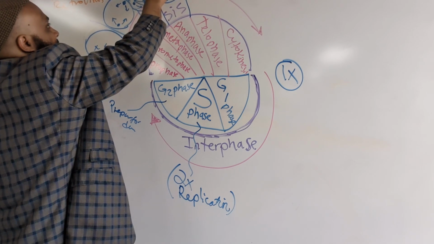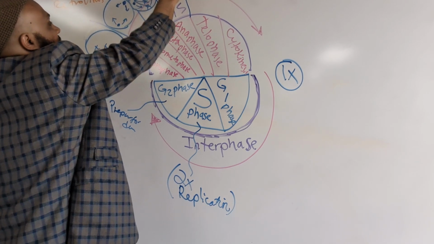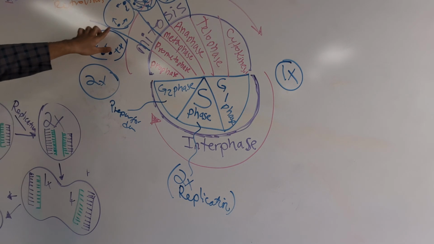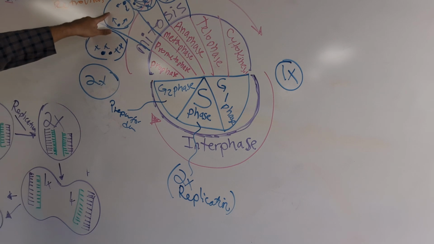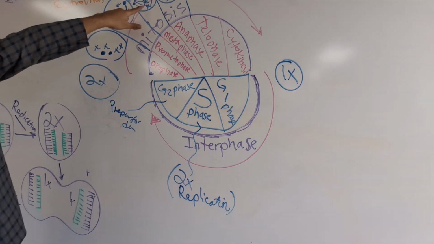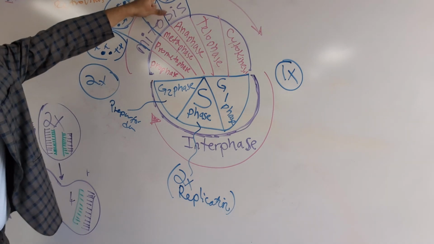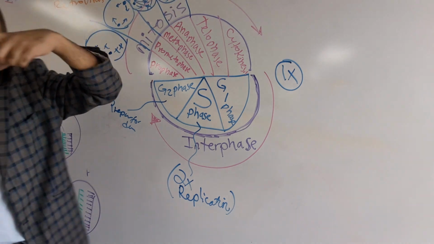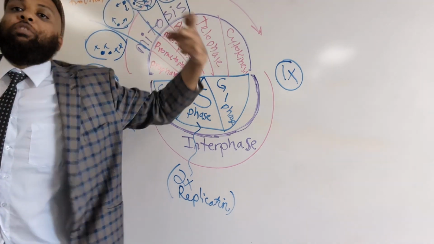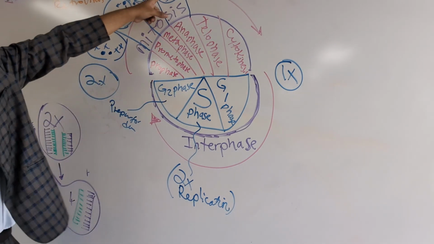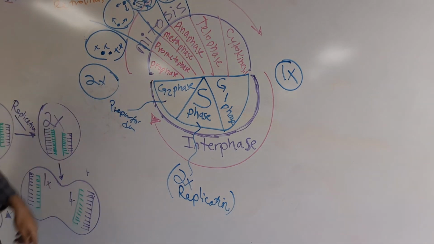So now the pulling is in the other direction. Initially, the microtubules pointed from the centrosome to the middle. But in anaphase, they pull the other way so they can pluck them off and remove them from each other. So in anaphase, they have completely separated.